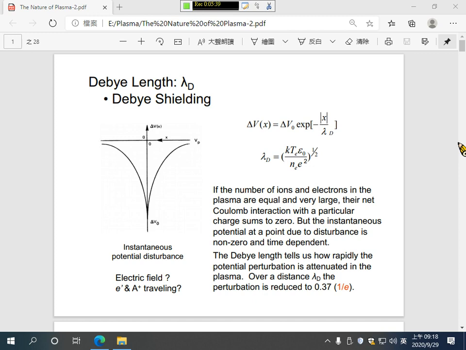So actually, there are two scales when we study the plasma. If the scale is smaller than the Debye length, then those charged particles will attract or repel each other. But if the scale is large enough, we can consider the electrons and ions can travel freely without being attracted by individual charged particles.